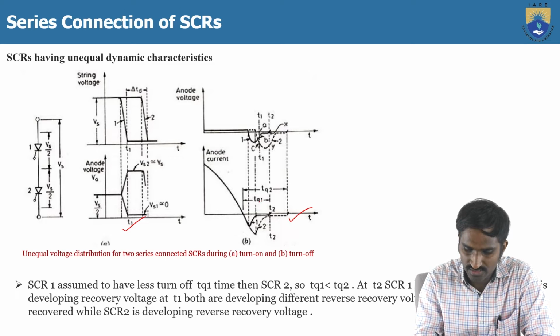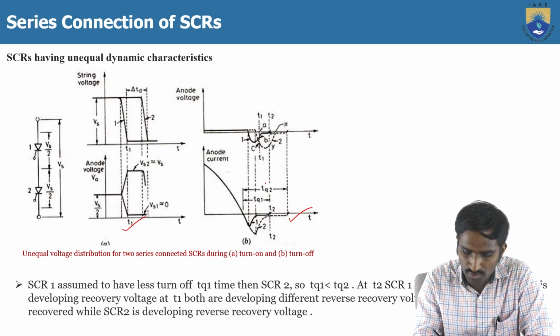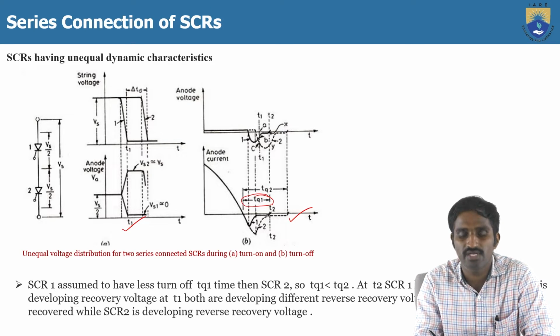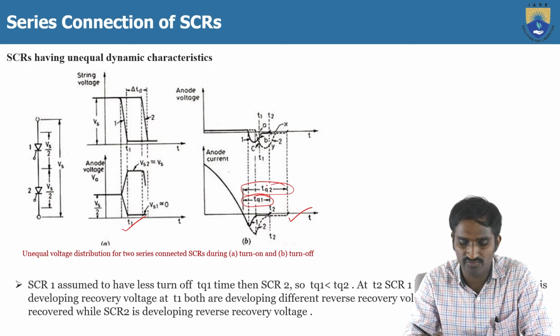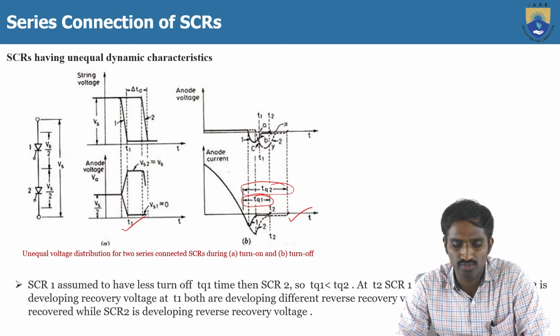Let me consider TQ1 and TQ2. TQ1 is the reverse recovery time of thyristor T1, and TQ2 is the reverse recovery time of thyristor T2. So both have different reverse recovery times.